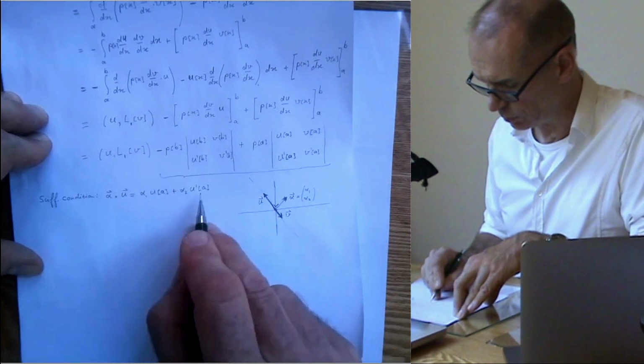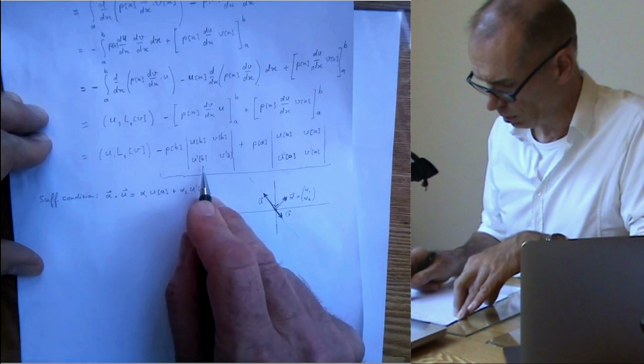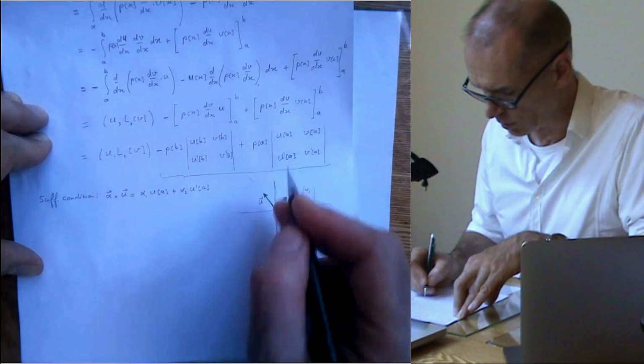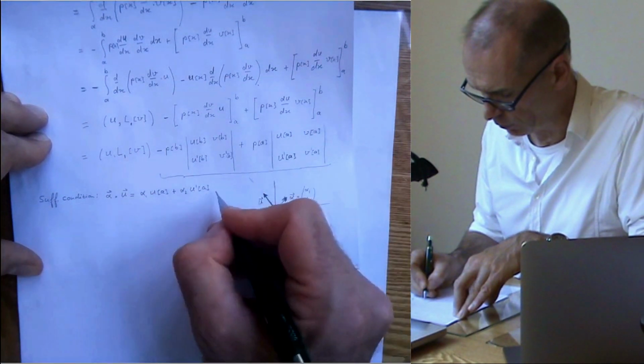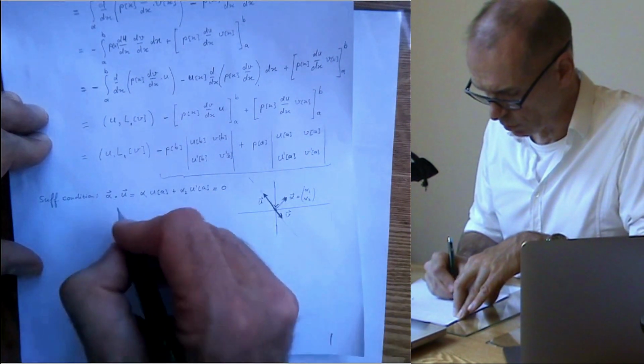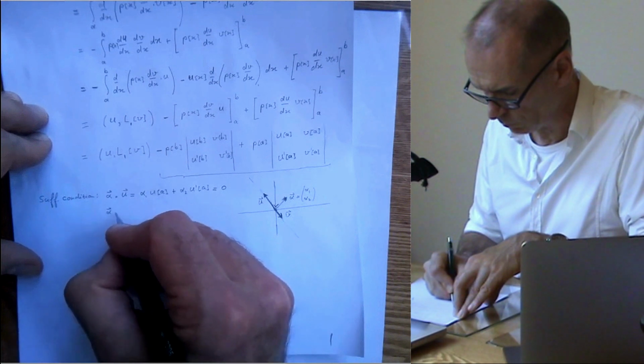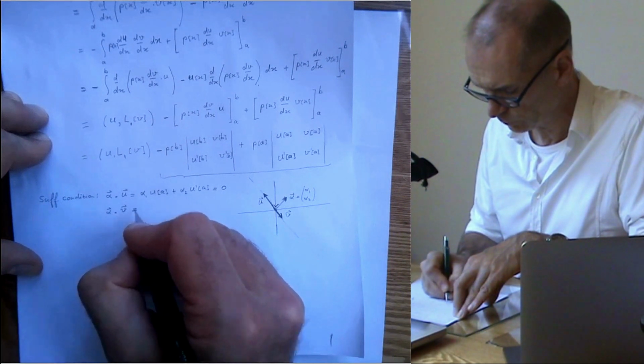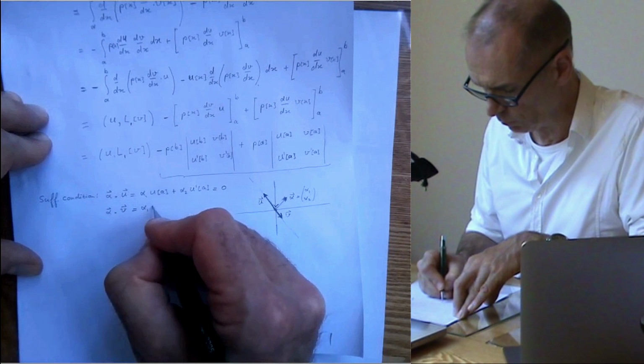So the second component is the u prime at A, for example, if I apply it to the first. And that should be 0, and also for v. If that holds, the same condition for v.